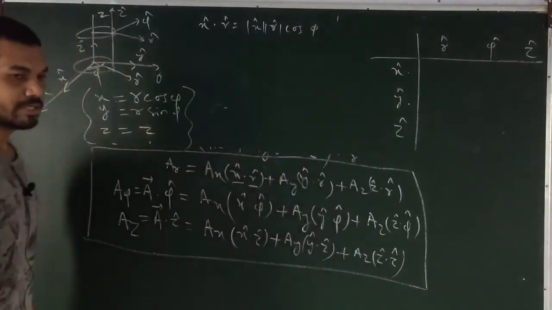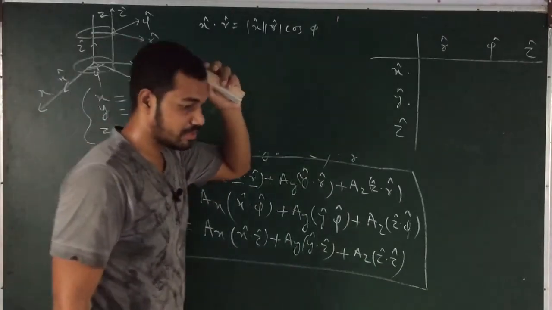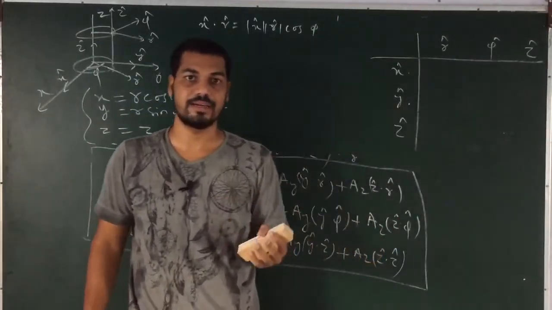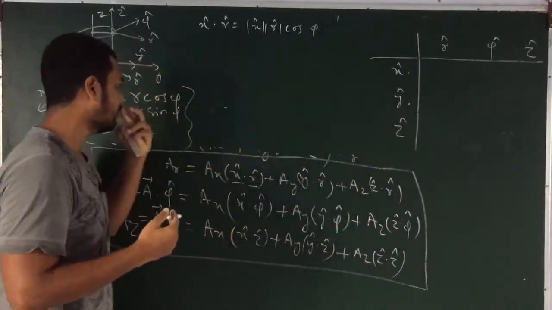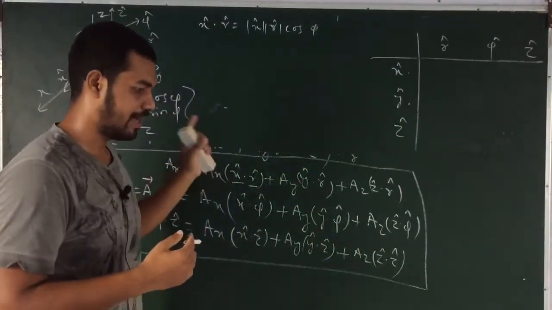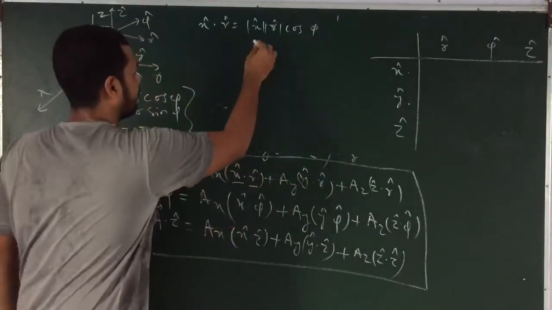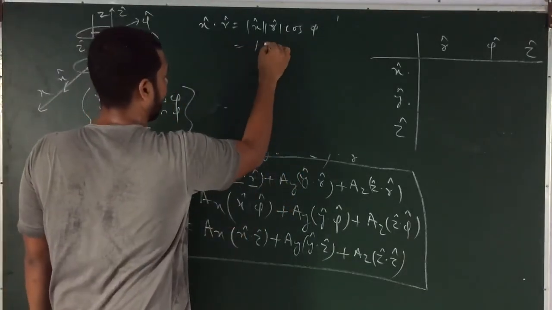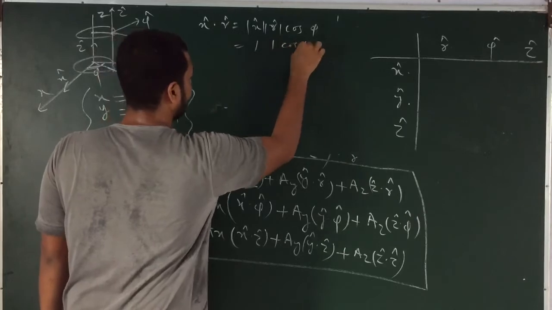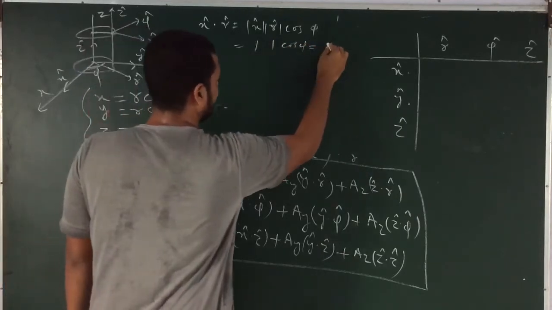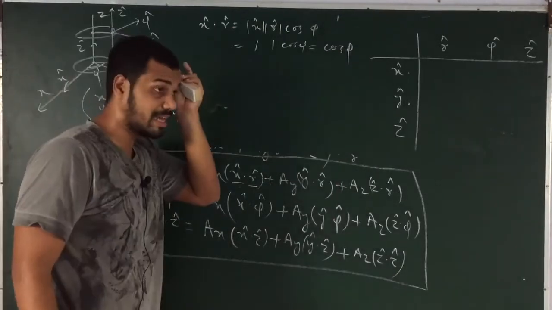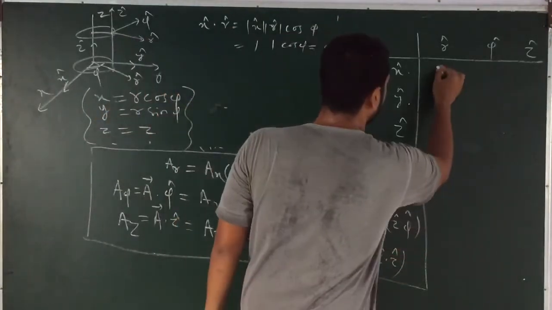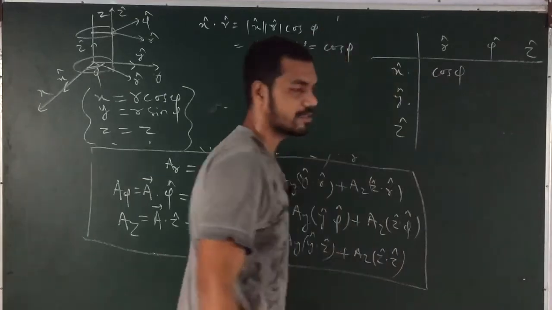A very important concept you must know is that the magnitude of a unit vector is always 1. Any unit vector has magnitude 1. So putting 1 and 1 into 1 cos phi, from here you will get cos phi. So x cap dot r cap is equal to cos phi.